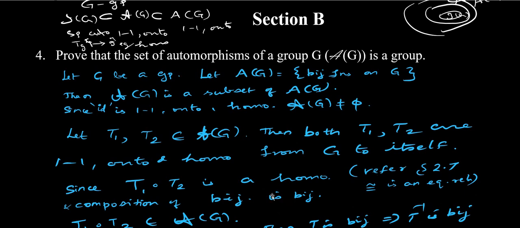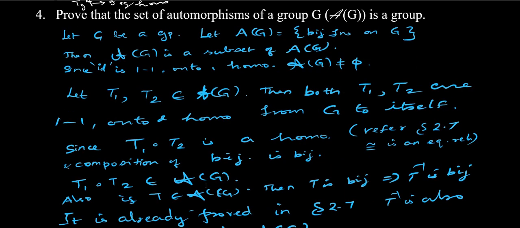The composition of bijective mappings or of homomorphisms is again a homomorphism, and similarly the inverse of a bijective mapping is bijective, and the inverse of a one-to-one, onto homomorphism is also a homomorphism.